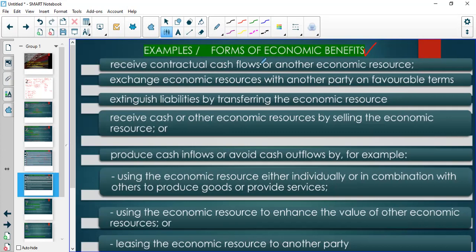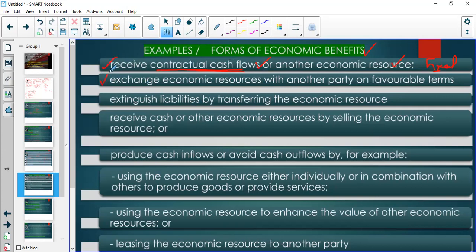So we could receive contractual cash flows or another economic resource. Let's say, for example, a fixed deposit at 10%, so we can receive contractual cash flows, or we invest in bonds or debentures. All right, those financial instruments. So that's an economic benefit.